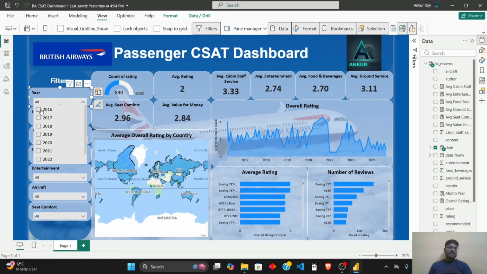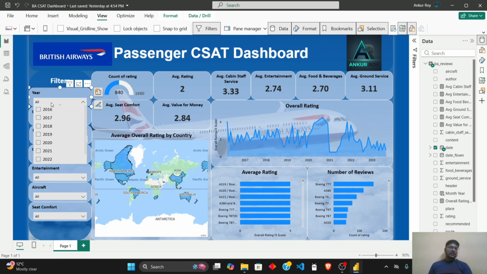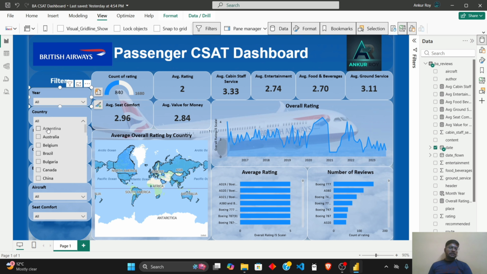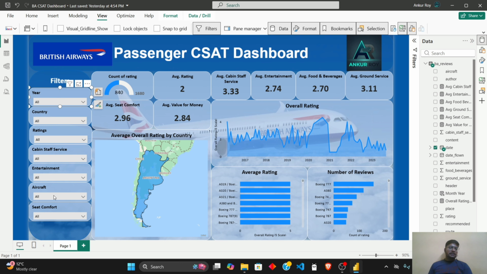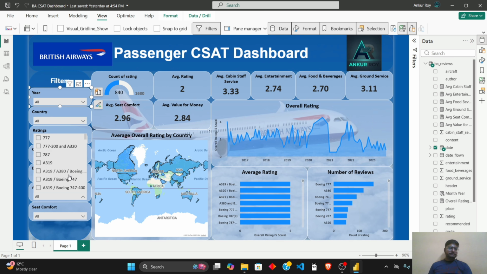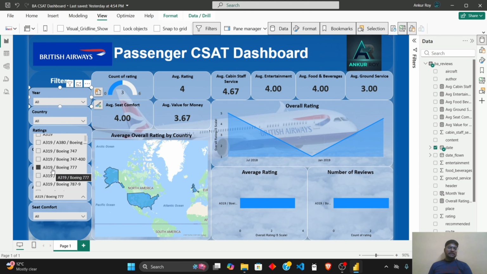For example, if we select the year 2016, the dashboard changes. Again, if we select Argentina, the dashboard changes accordingly. Again, if we select an aircraft model, the dashboard changes automatically.